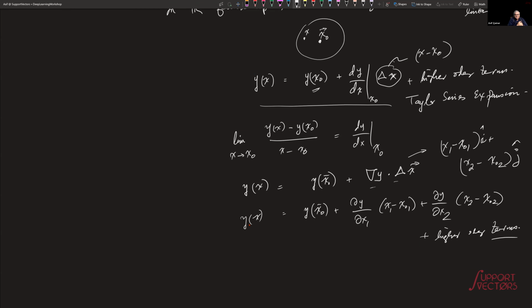So far, so good, guys? Yes. So what basically it says is that if you want to know how much y has changed, look at the change along each of the axes and add it up.